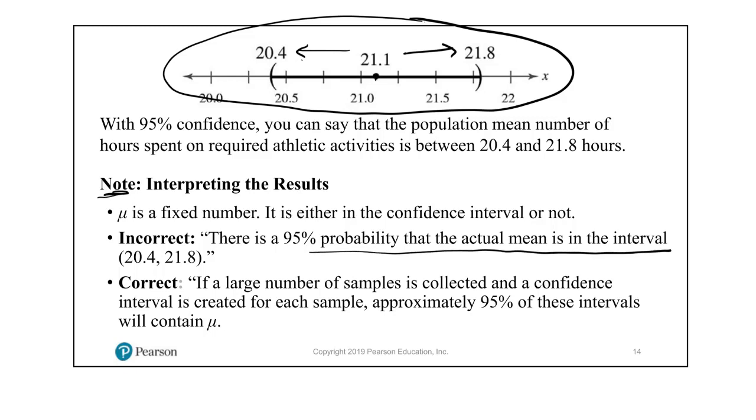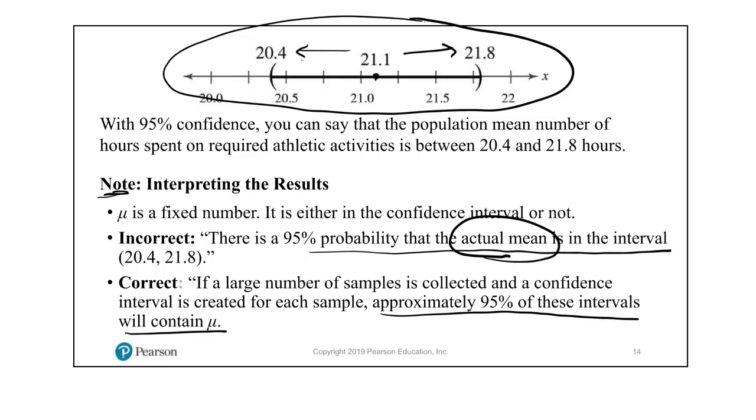That's making it sound like the mean is moving. The correct way is, if a large number of samples is collected and a confidence interval is created for each sample, approximately 95% of these intervals will contain mu. So using our approach, 95% of the intervals would contain mu, and that's really what we're talking about with a 95% confidence level.